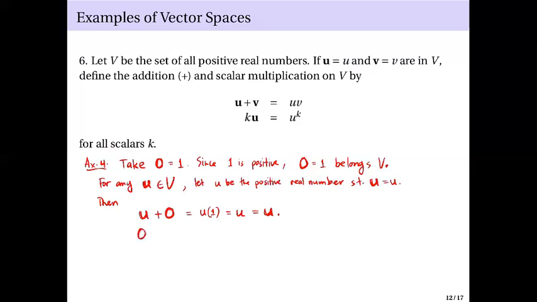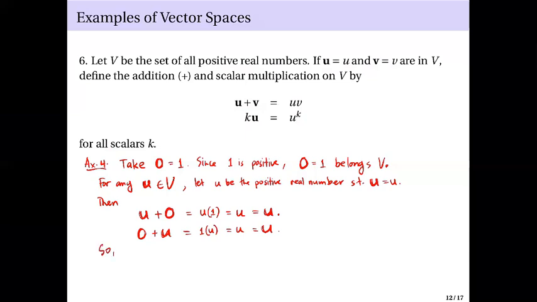Similarly, you have the boldface 0 plus the vector u, or the object u. This is just 1 times u. And again, this is just u, the boldface u. So the property is satisfied. Properties are satisfied.